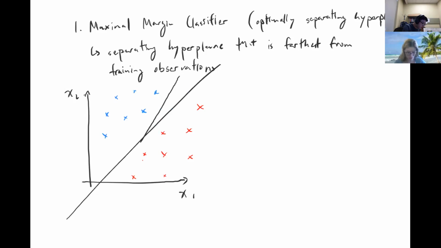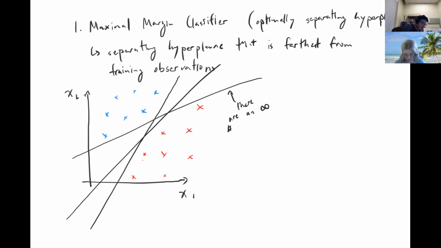But I could also draw a hyperplane like that, or a hyperplane like that. And in fact, I could actually draw an infinite number of hyperplanes that could clearly distinguish the boundaries between all of these points. So that doesn't help us to really figure out where to draw this line or hyperplane. So there are an infinite number of separating hyperplanes.